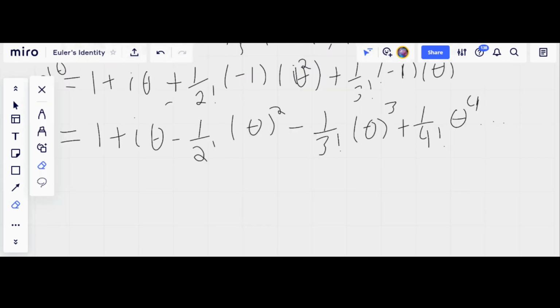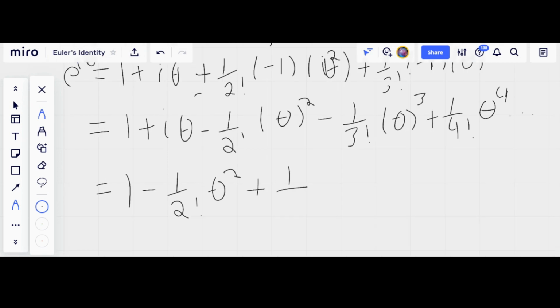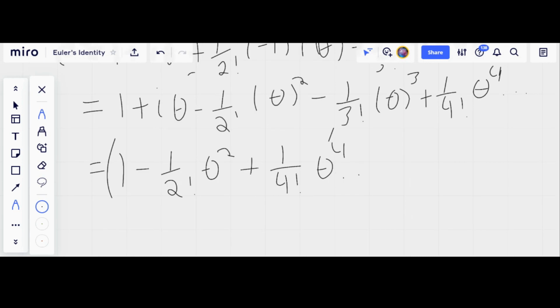Now what we're going to do is group together these terms into terms that have i and terms that don't have i. So this is going to be equal to 1, okay, minus 1 over 2 factorial times theta squared, plus 1 over 4 factorial times theta to the 4th, dot, dot, dot. Now these have no i. Now we group the terms that actually have an i.